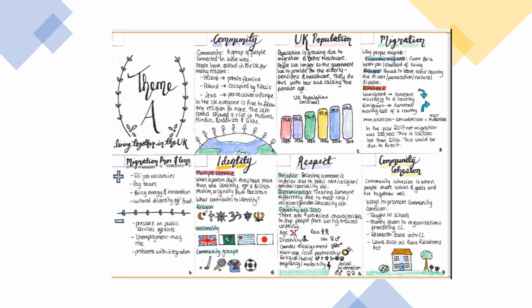Here is an example of one of the basic revision resources. This is based on theme A and it breaks down the topics that are covered within the theme, supported by basic terms and facts. You can see some of the topics there, for example, the population of the UK, migration, our identity.